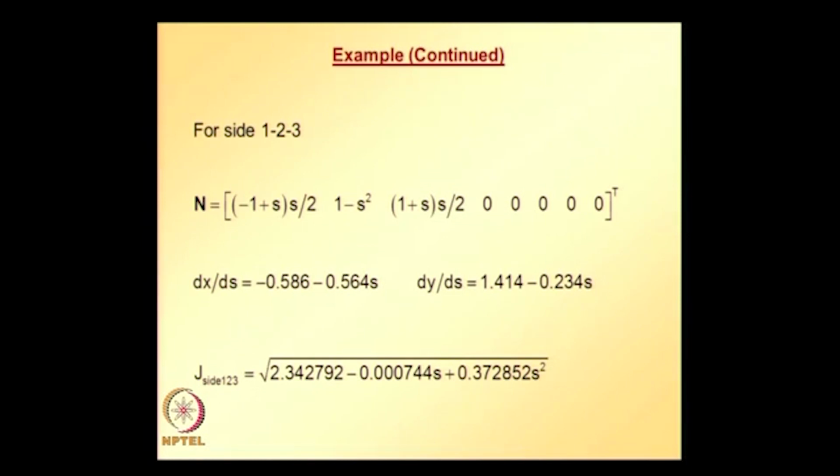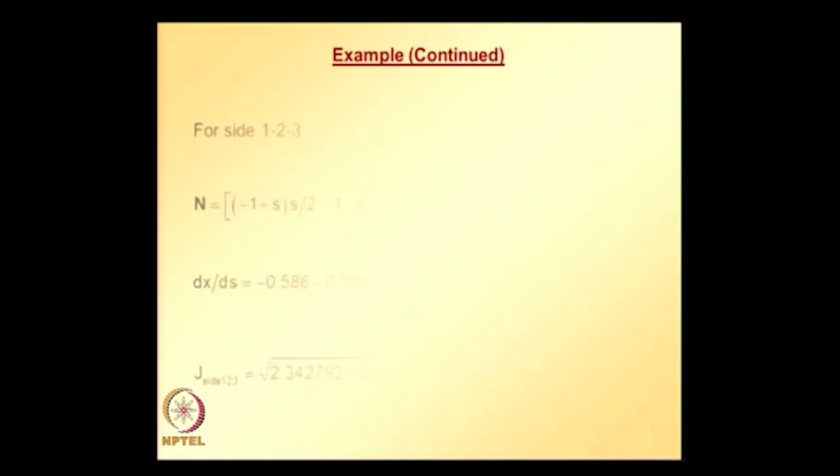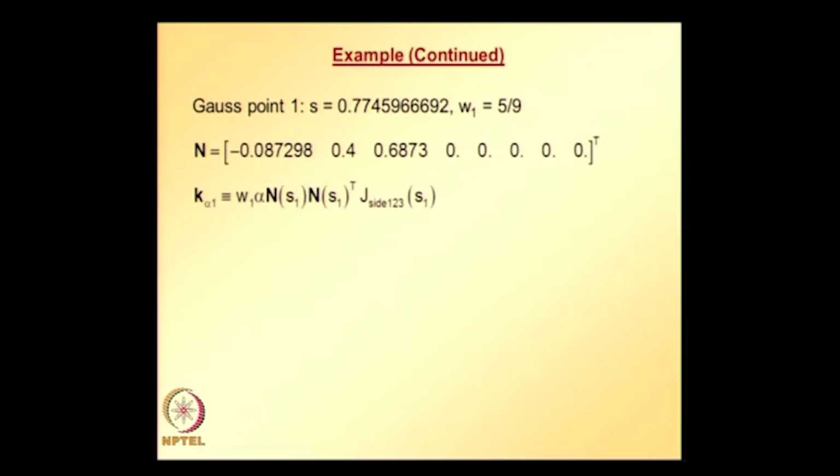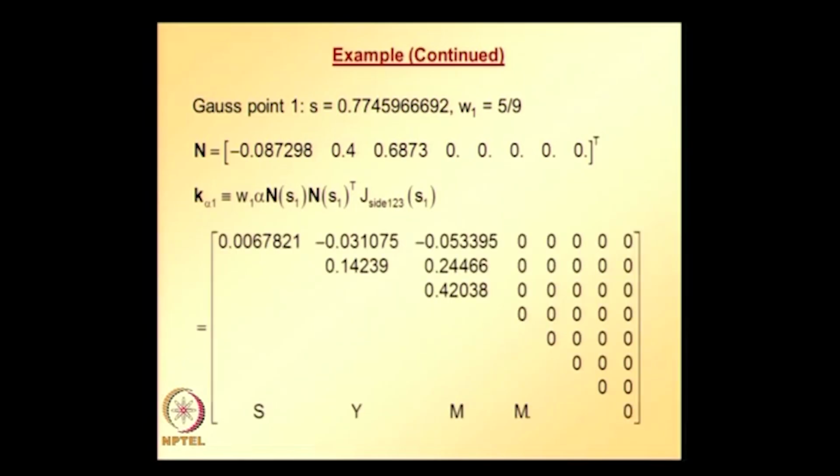And now taking each of the integration points. This is the first integration point, details are given here, the shape function vector. Substituting the shape function vector and Jacobian along side 1, 2, 3 at this integration point, we can get the contribution of the first integration point to the k alpha matrix.